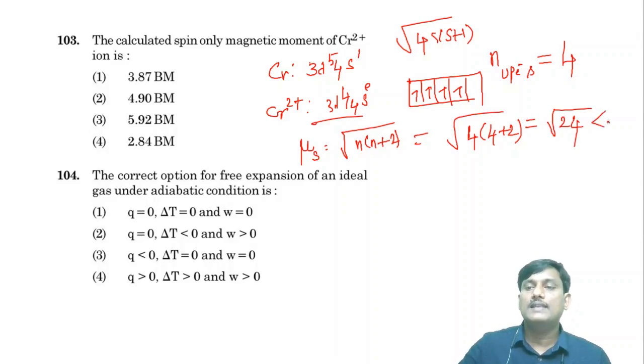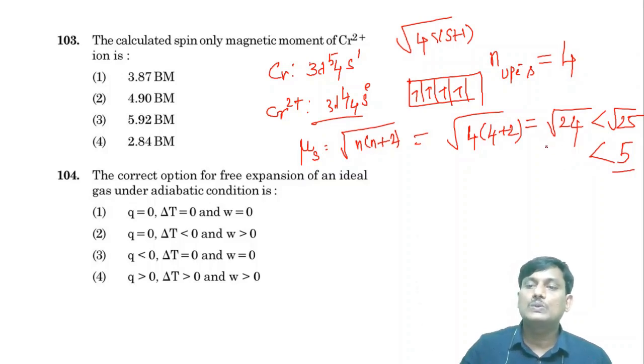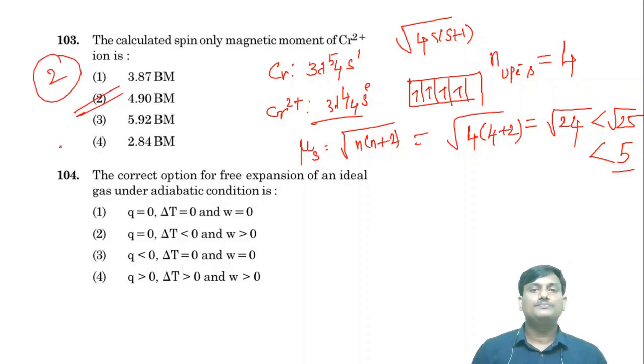This is less than root 25. What is the value of root 25? 5. It is less than 5 and very close to 5. Which value is less than 5 and very close to 5? 4.90 Bohr magneton. So this is the correct option.